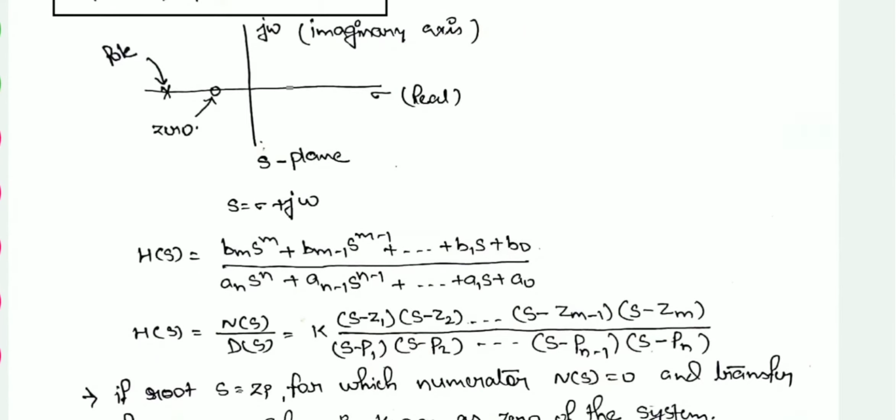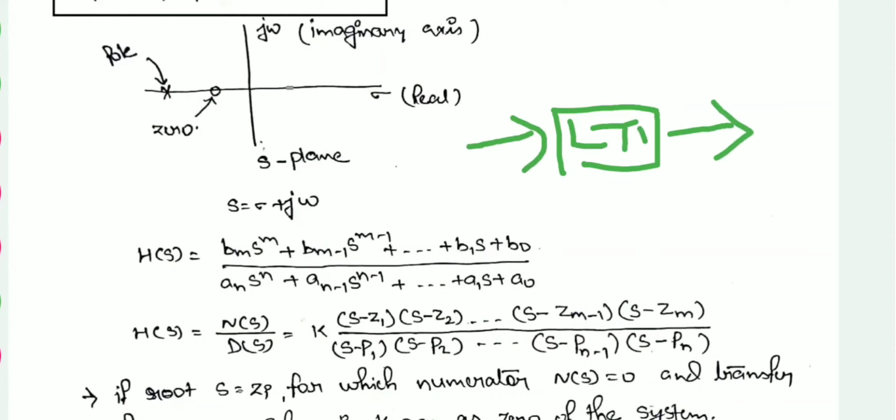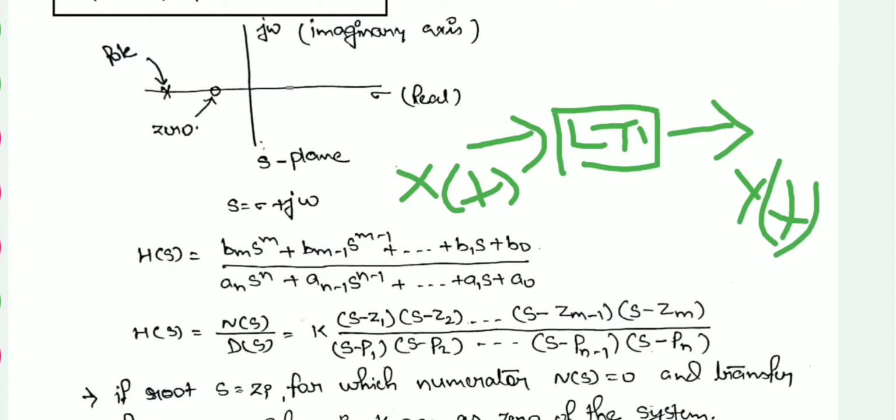As we know, let us consider this is the LTI system. This is the input signal and this is the output. Input is represented by x(t) and output is represented by y(t), but the system behavior is represented by h(t).